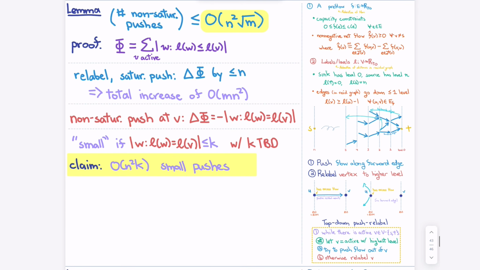So the claim is that there's at most n squared k small pushes.